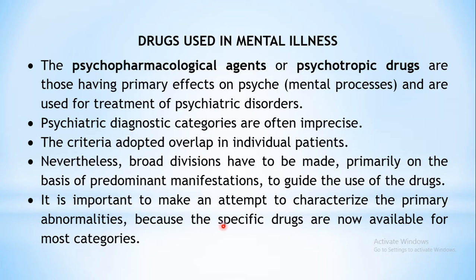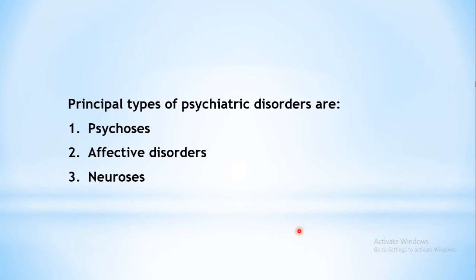So nowadays it is very important to categorize these psychological conditions, because specific treatments are available. Specific drugs are now available for most of the psychiatric disorders. No doubt one drug may be used for more than one condition, but there has been a specific demarcation, and there are specific classes of drugs available. We will see that in detail also.